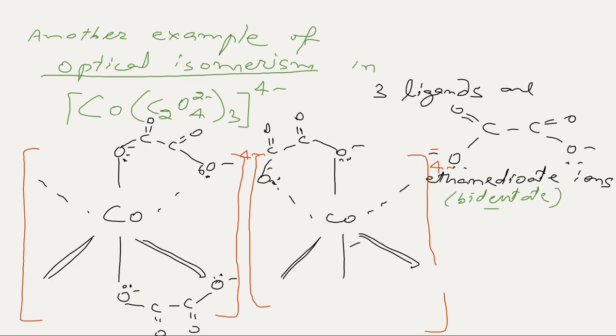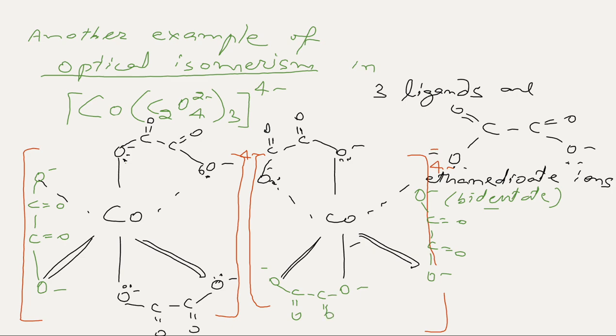Again in exactly the same way, we can do O minus here, O minus here, and then C double bond O, C double bond O, like this. And in this one, it would be O minus here, O minus here, bonded to C double bond O, C double bond O, like this, and then O minus, and then C double bond O, C double bond O.